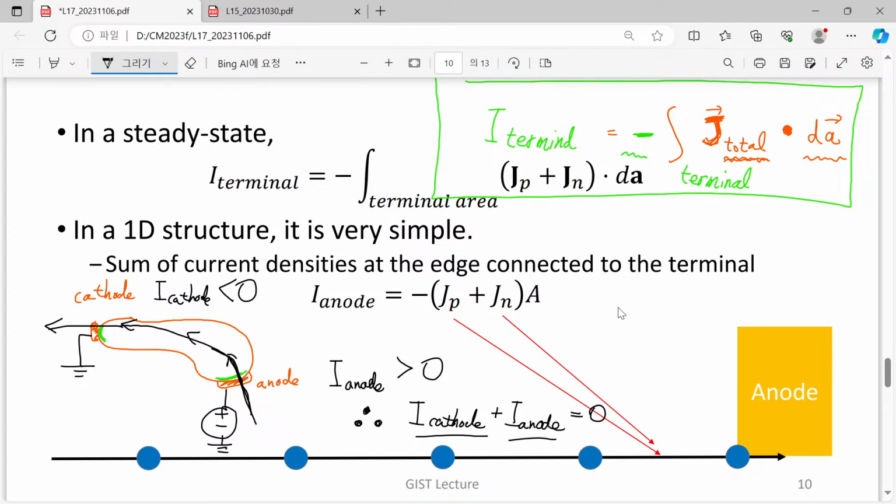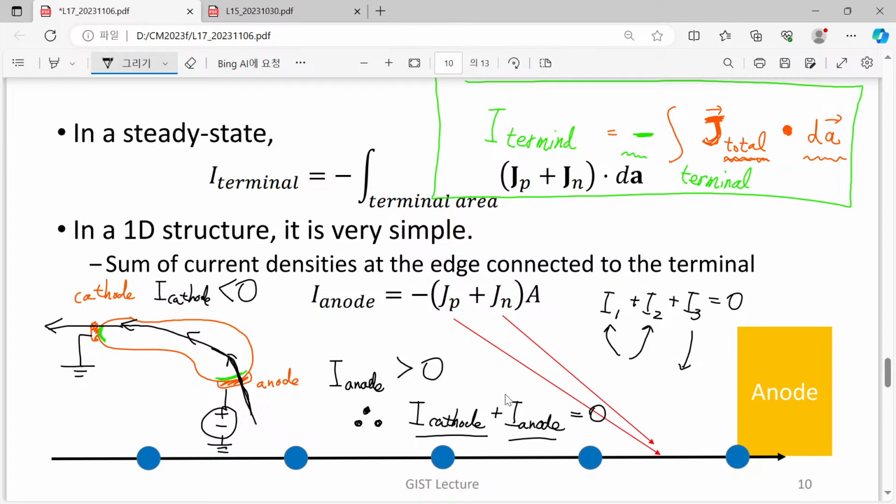Now let's say that we have three terminals. Then what will happen? We will have I1, I2, and I3, and their sum should be 0. Then we must consider I1 separately, I2 separately. Only when we have I1 and I2, then from this current conservation, we can estimate I3.